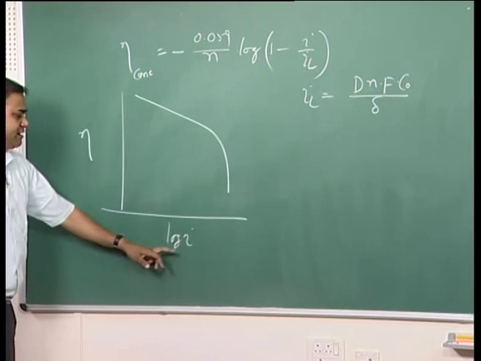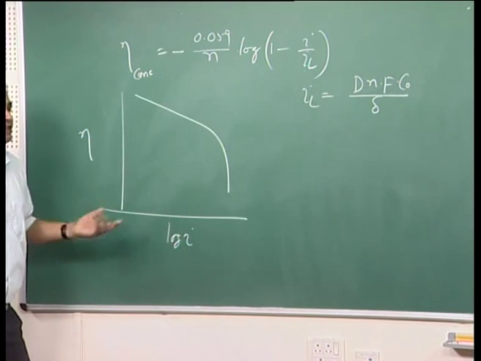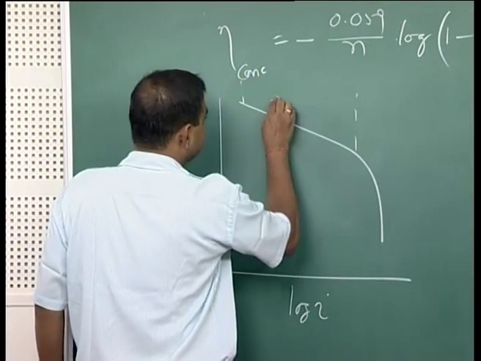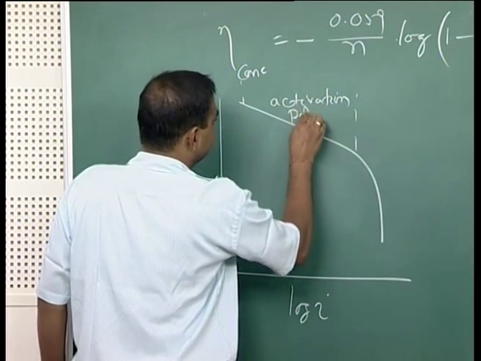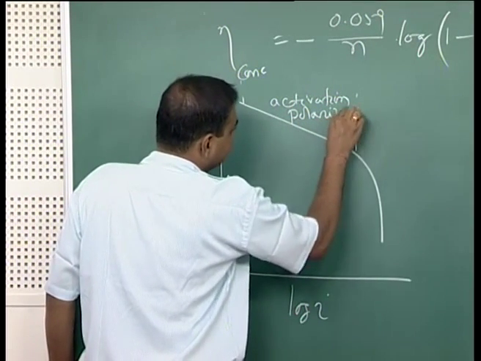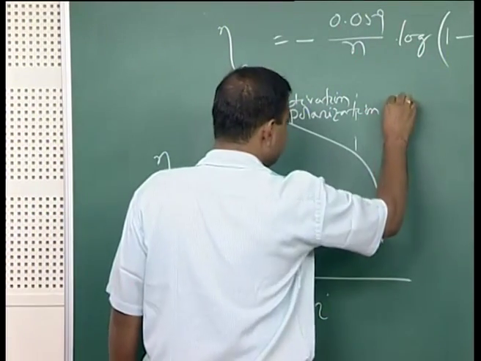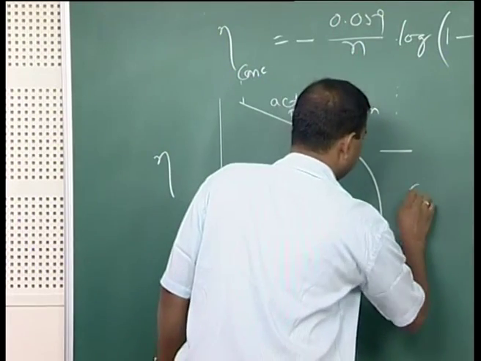Again I am reverting back to small i, which is the current density. Now, in that case this is my activation polarization, and this part is concentration polarization.